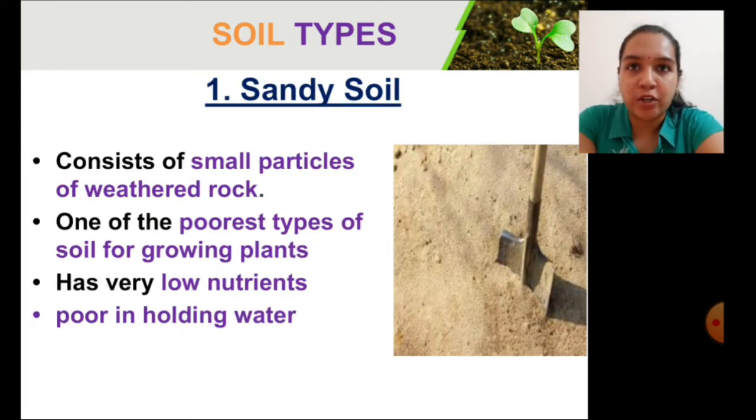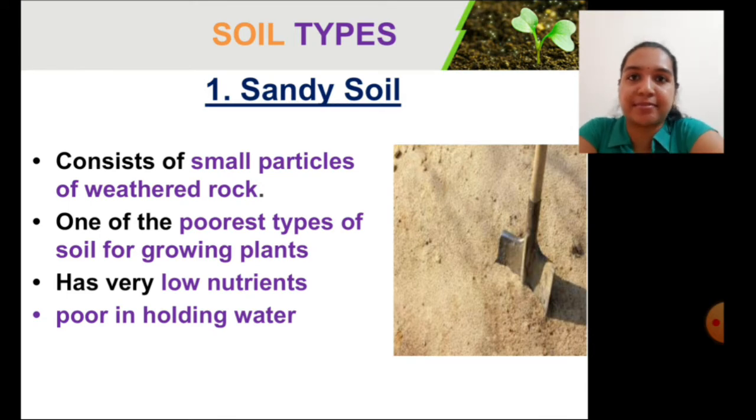First, we'll recall sandy soil, which is very small particles of rock due to weathering, and it does not support any plant growth as it has poor water holding capacity and very low nutrients.